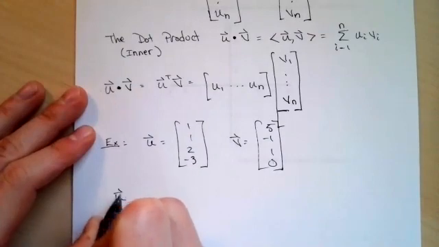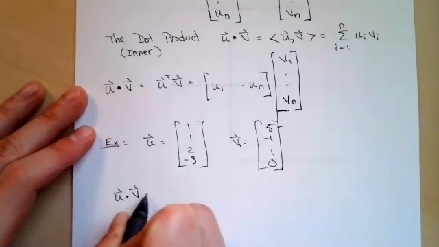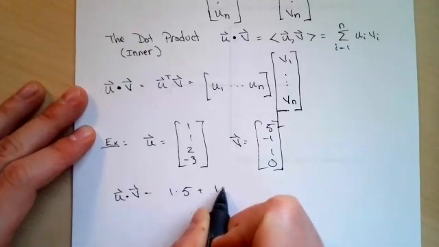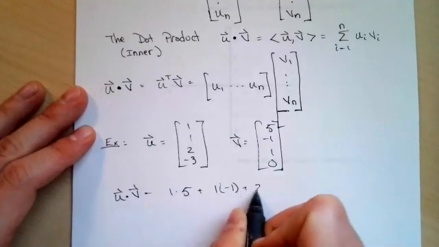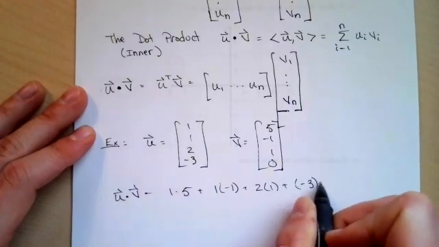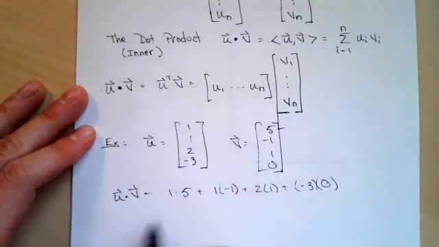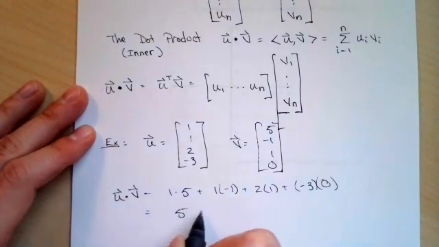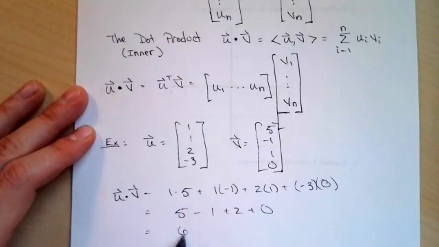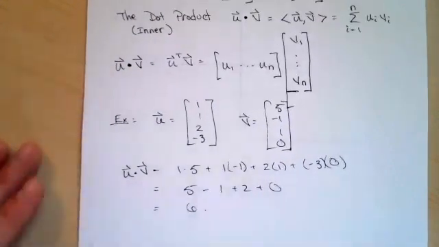So u dot v is just 1 times 5 plus 1 times minus 1 plus 2 times 1 plus minus 3 times 0. So we get 5 minus 1 plus 2 plus 0, so 6.